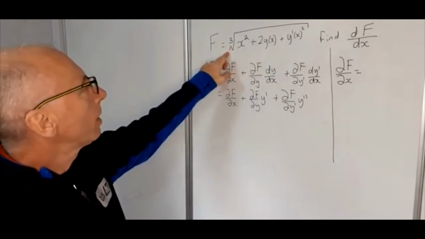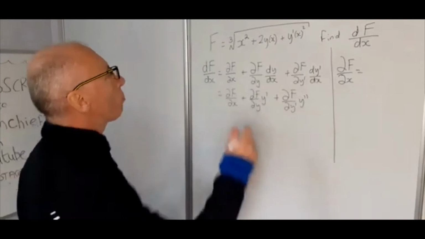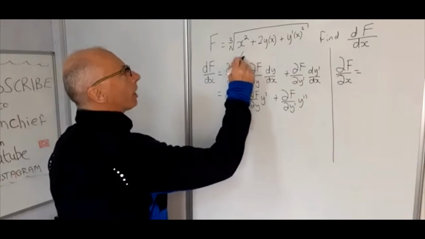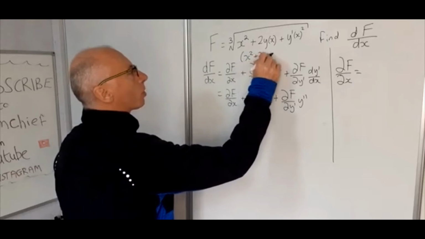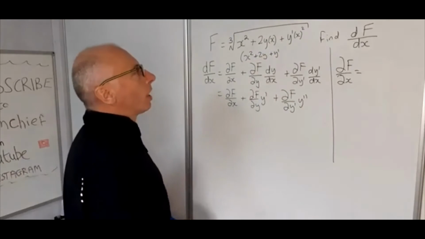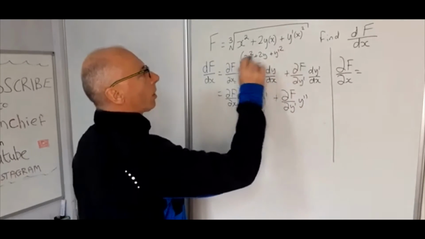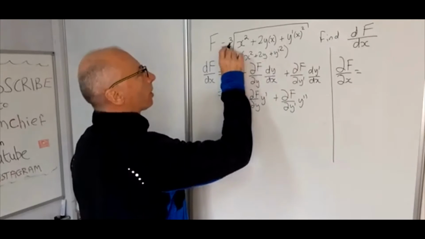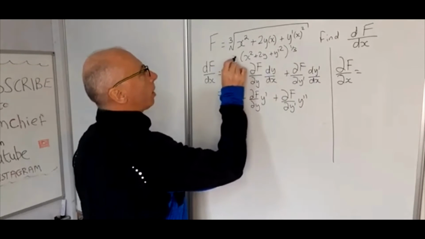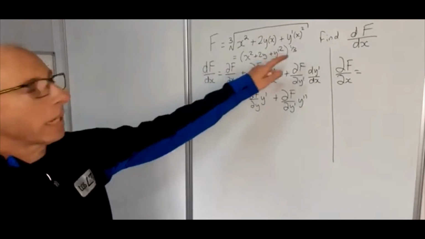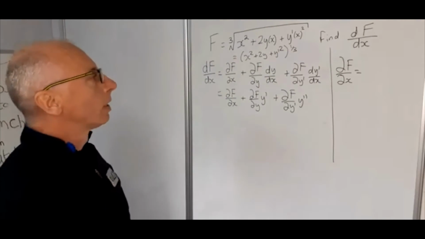So what we can say is that this term here, if we just rewrite that as x squared plus 2y plus y prime squared, we know that's all functions of x. And because it's a cube root, we say it's to the power of 1/3. So that's going to make it easier to work out our partials.